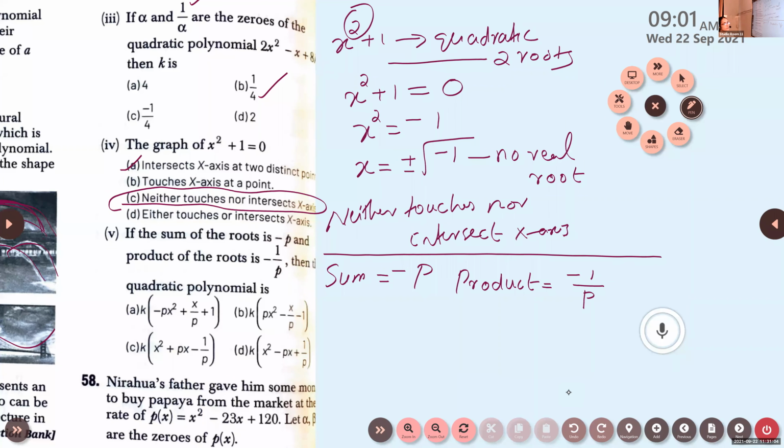Aaron, do you know the formula for finding the quadratic polynomial? Revu, what is the formula?